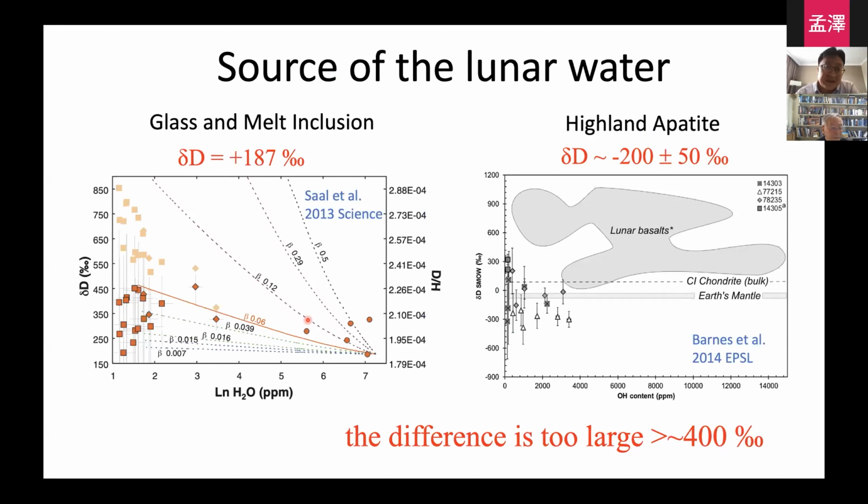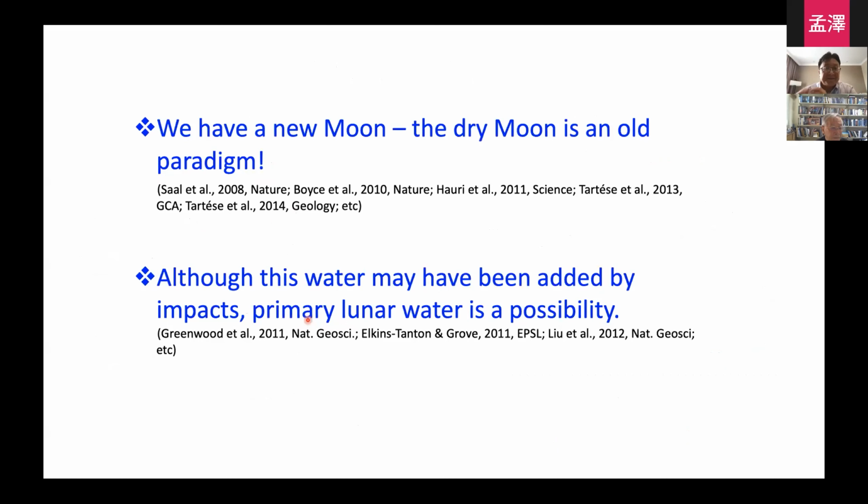However, both groups said that the hydrogen isotopes in the lunar materials indicate that water in the lunar interior shares a common origin with water in Earth. So there is a big difference, but they reach the same conclusion.